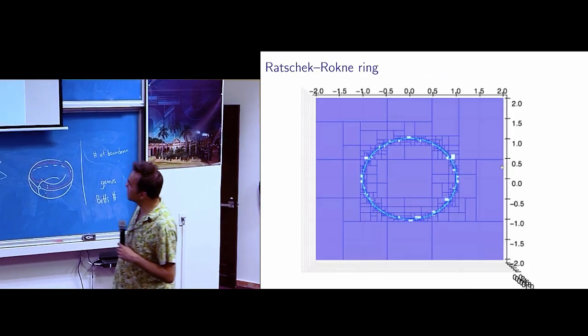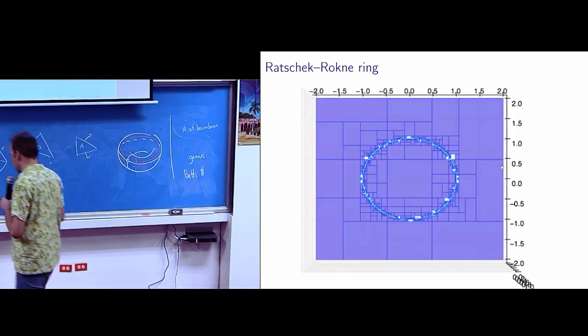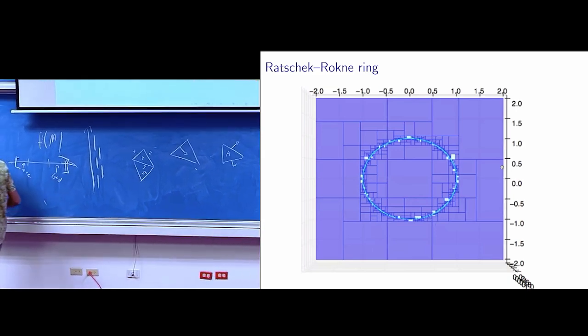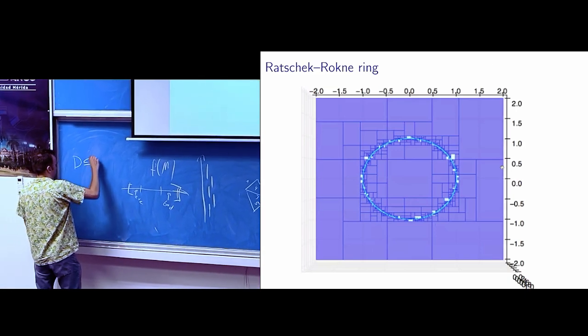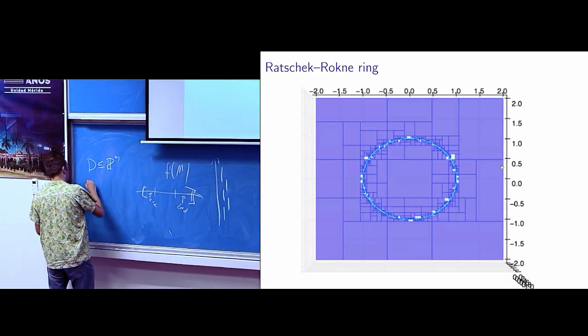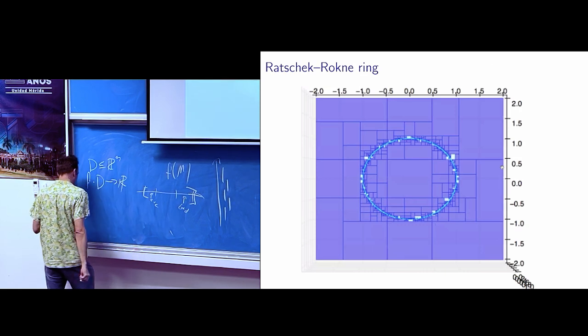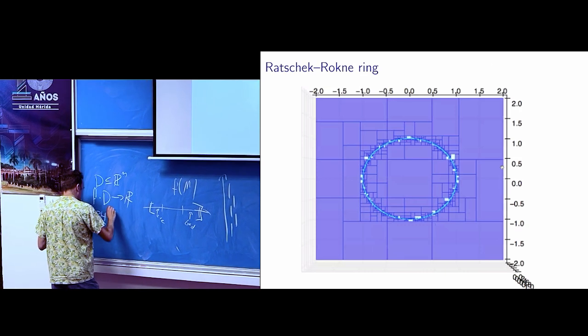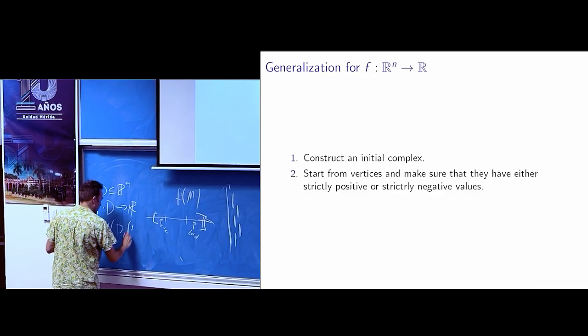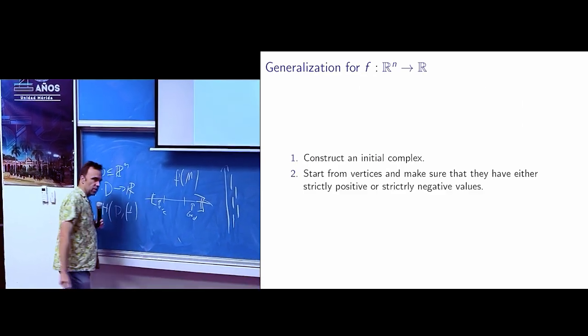So imagine that we have a setup. On some domain D, which is a subset of R^n, we have a function from D to R. Can we compute the persistent homology of D with the function f on top of it?